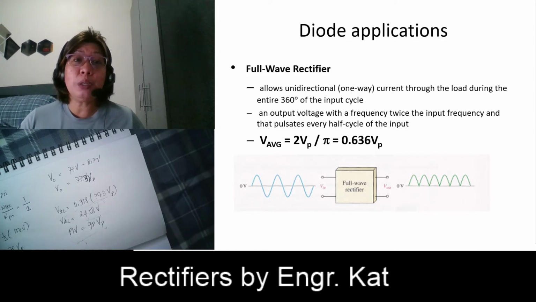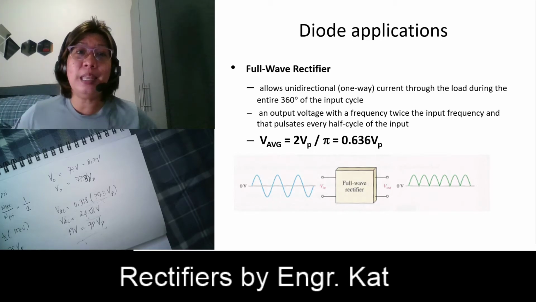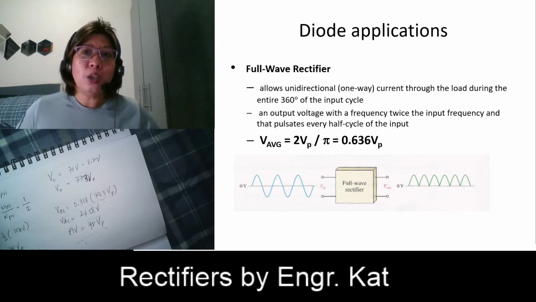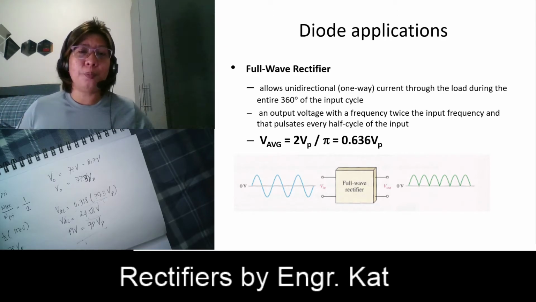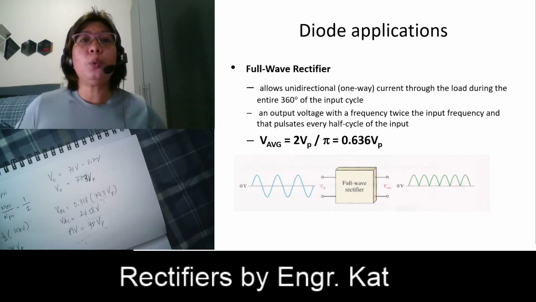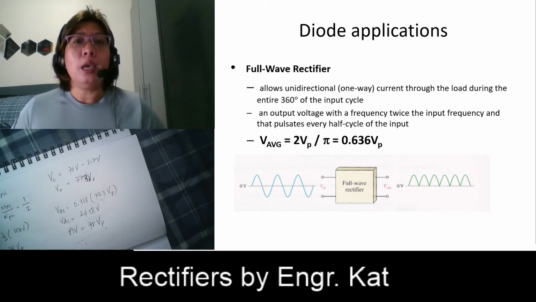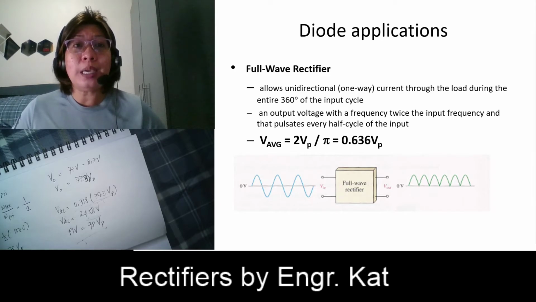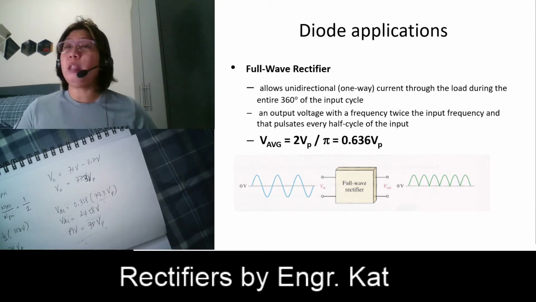Why? Because during the next one-half cycle, your diode is automatically in the reverse bias mode. So therefore, it is not conducting. So there is only a current during the first 180 degrees. Okay, so for full wave, we are assured that we can conduct for the entire 360 degrees of the input cycle.